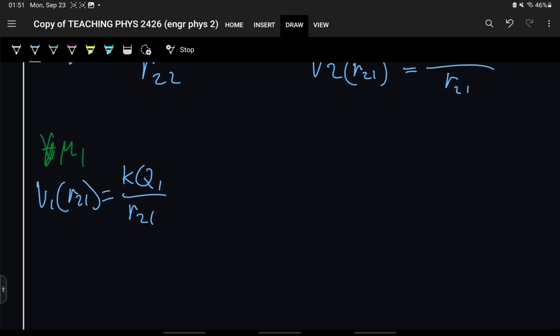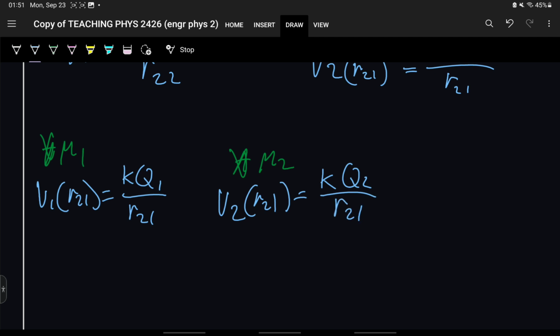And the potential due to M2, since the shell M2 itself has a charge of Q2, its contribution at the inner surface R2,1 is V2 of R2,1, equal to K times Q2 all over R2,1.